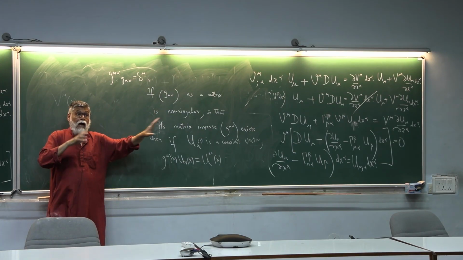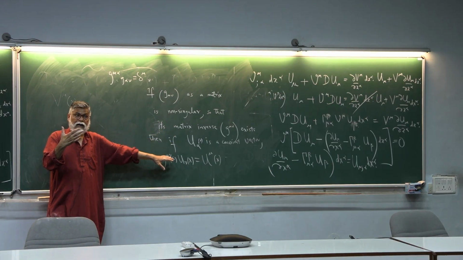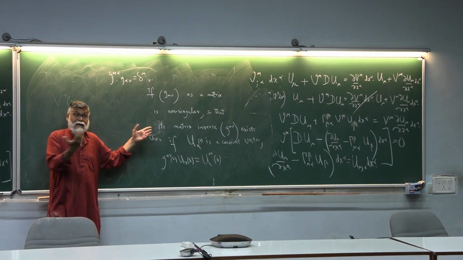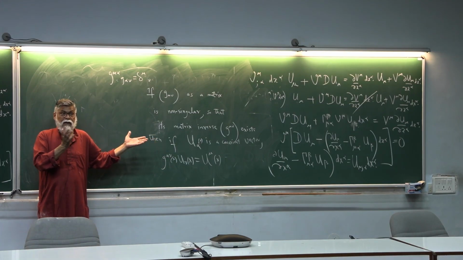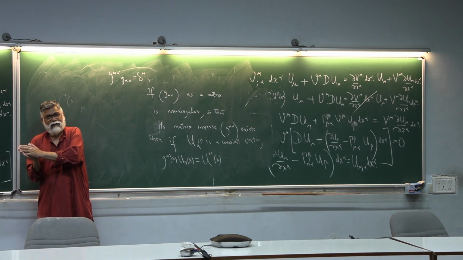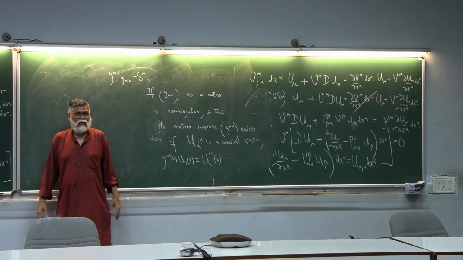Here what I showed is that a contravariant vector field is uniquely related to a covariant vector field using G mu nu. In tensor calculus, for every contravariant vector field, I have a covariant vector field, and vice versa if you have G mu nu upstairs also.